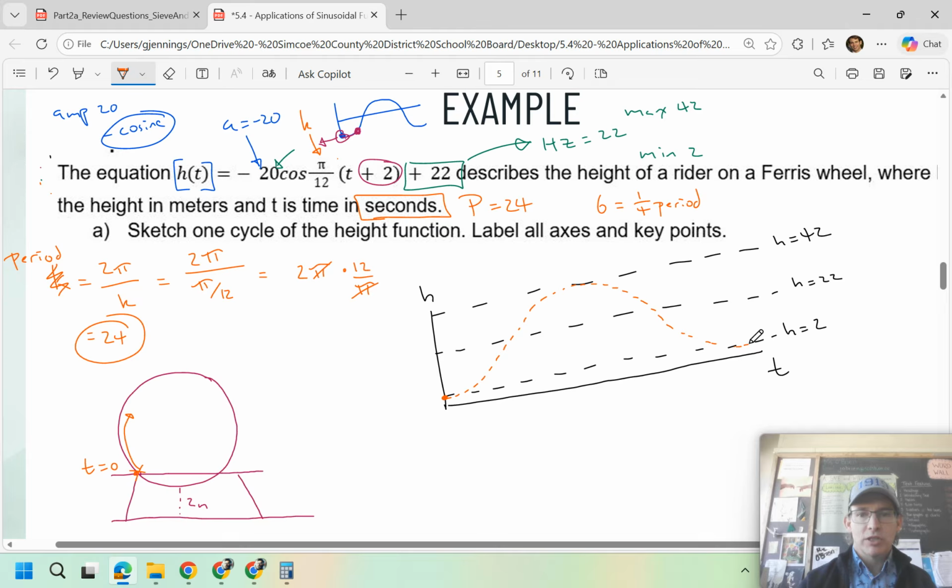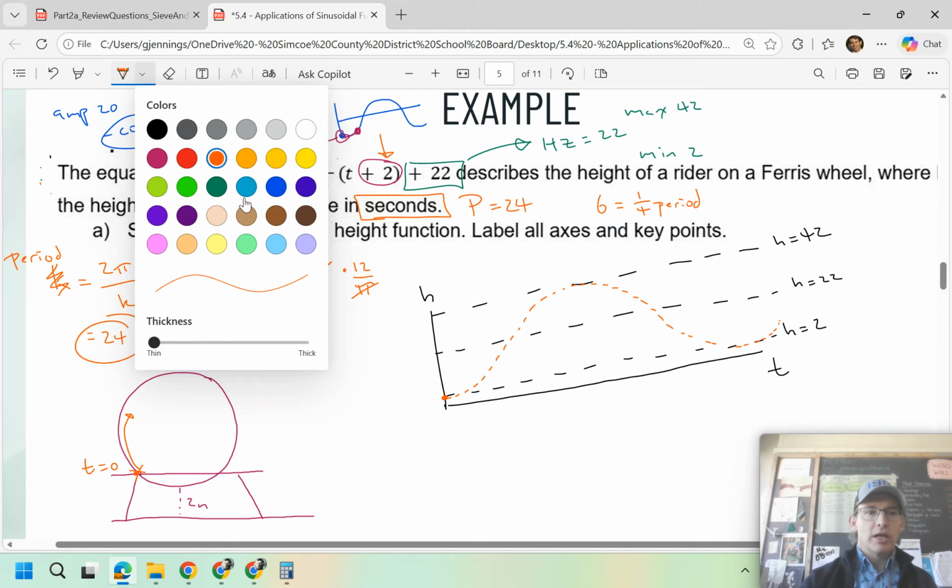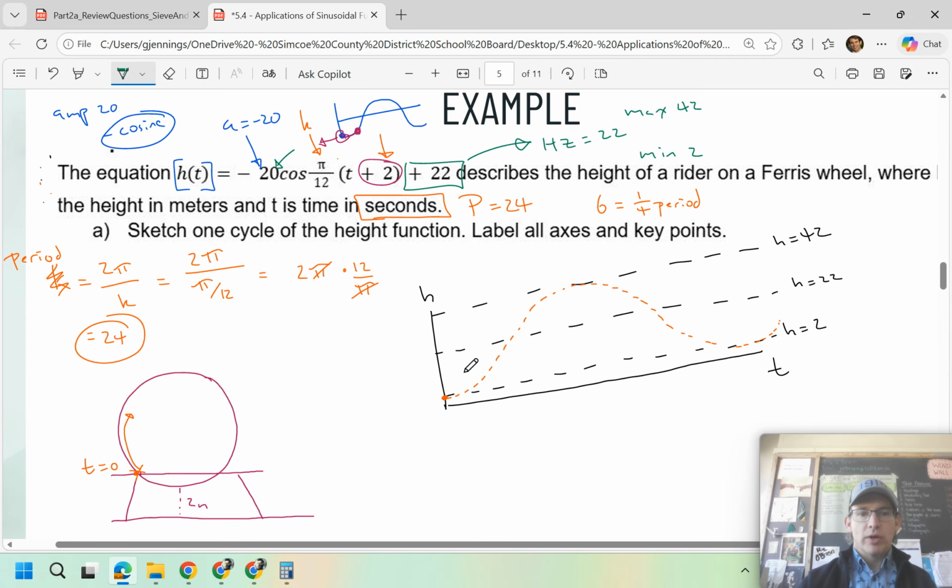This is like the invisible function that we're going to shift. I'm going to do just a little bit more of it. And then we're going to shift it all back this much, so that, as Connor points out, we end up with our starting position back there at h at -2, which would give us a minimum, which is like the time before time started.